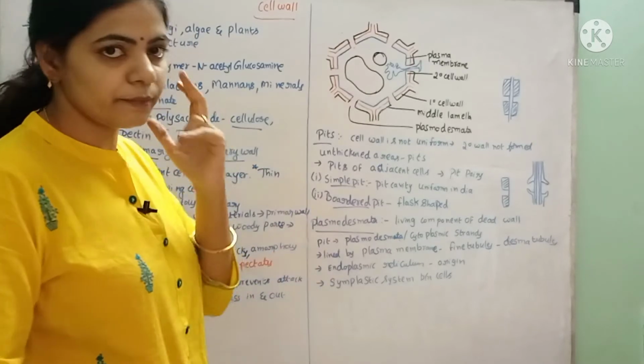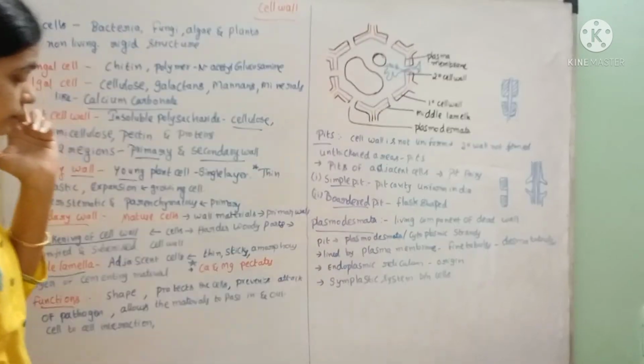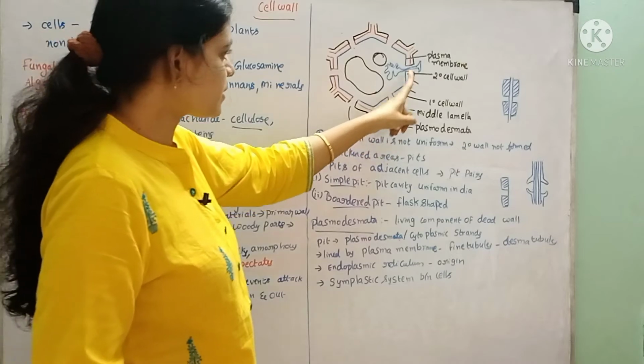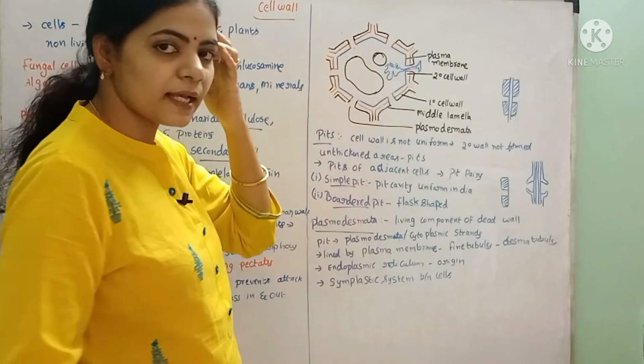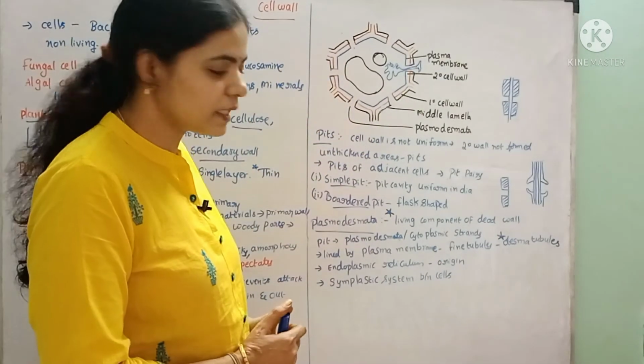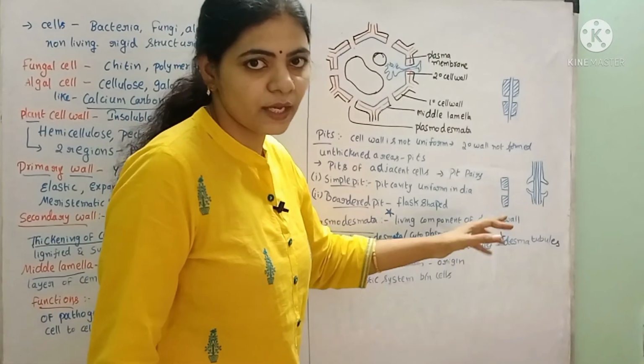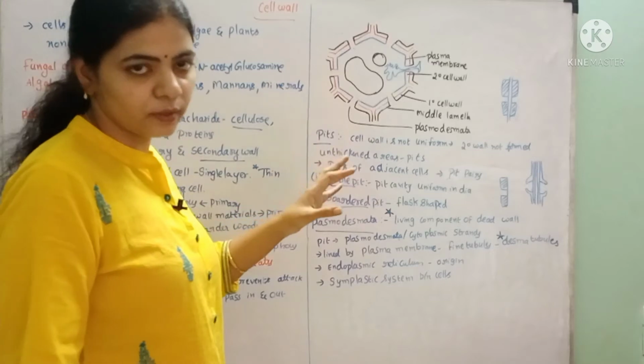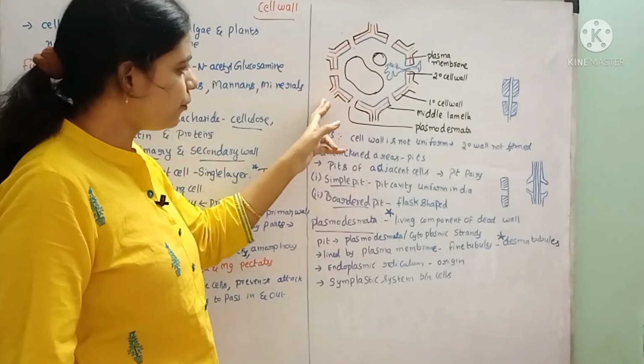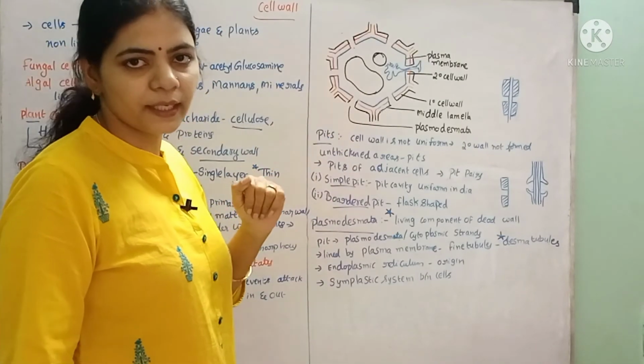The next concept is the Plasmodesmata. Here, see, several gaps are present, right? These gaps are called Plasmodesmata. Plasmodesmata is the only living component of the dead walls. We have studied that the cell wall is a dead wall, but here within the wall there is a living component present.